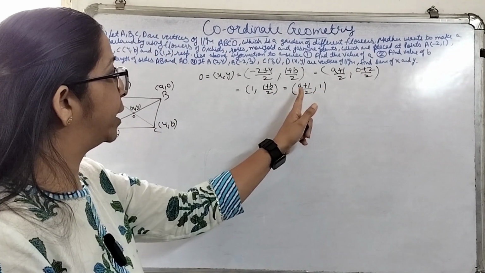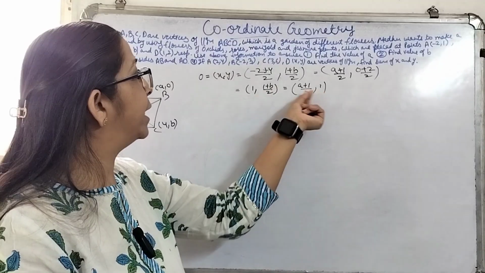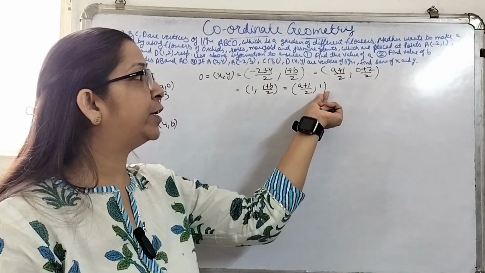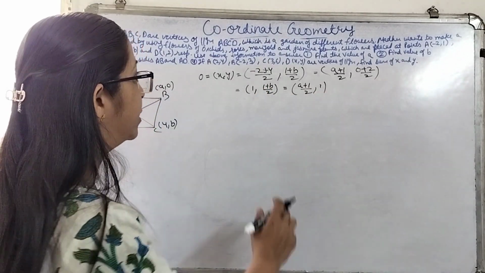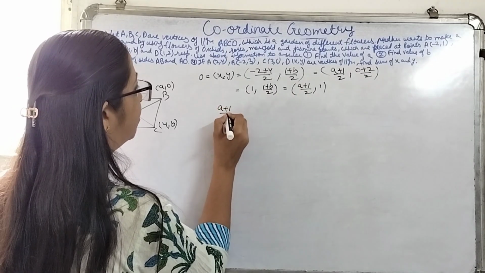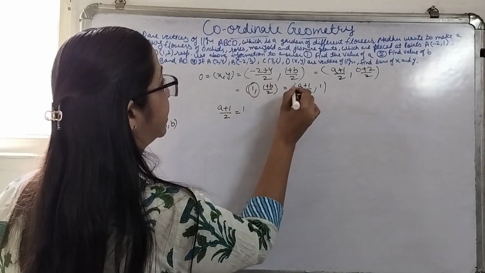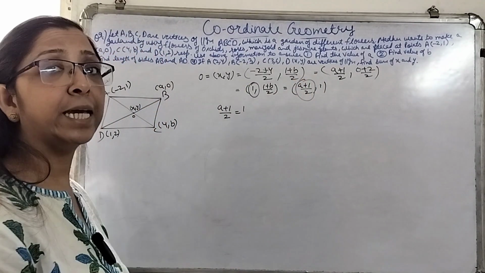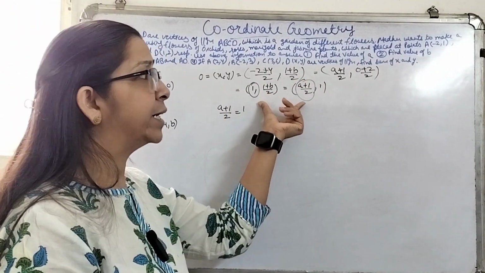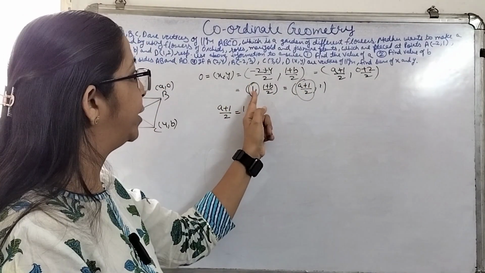That means (a plus 1) by 2 is equivalent to the x coordinate 1, and (1 plus b) by 2 is equivalent to the y coordinate 1. So if we equate both of them, (a plus 1) by 2 is equivalent to 1, because this x coordinate and this x coordinate are of the same point. So we can equate these two. It will be (a plus 1) by 2 is equivalent to 1.